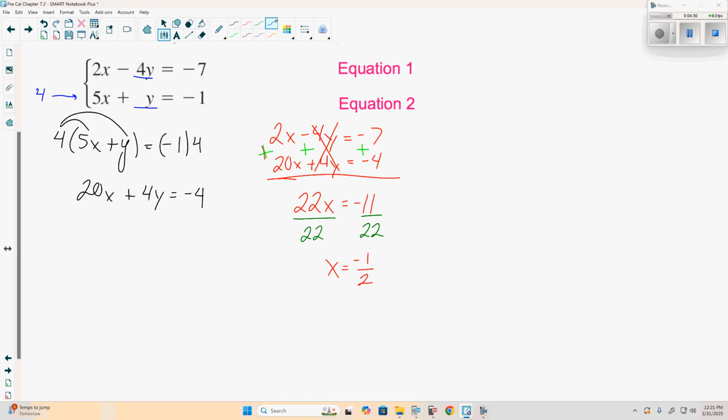Now that we have the x value, we can plug it back in to one of the two equations. So our 2 times negative 1/2 minus 4y is equal to negative 7. Our 2 times negative 1/2 would be negative 1.